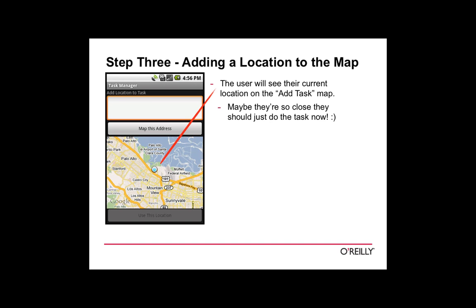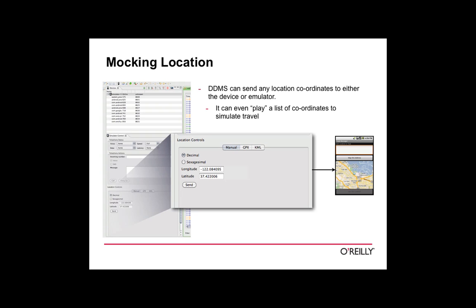a location, and that's a good way to talk about the one part of the DDMS perspective of Eclipse, which is something you can also do from the command line. But in Eclipse, you've got a little GUI for doing this. You can actually send locations or lat long pairs to the device and make it spoof a location.